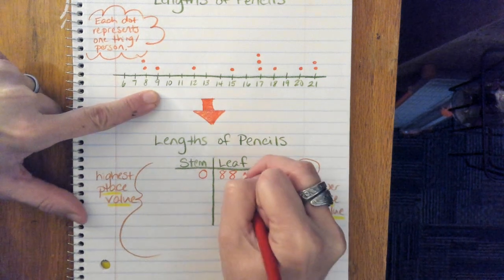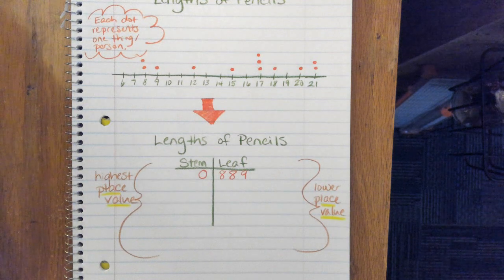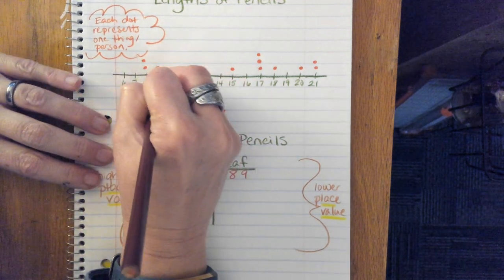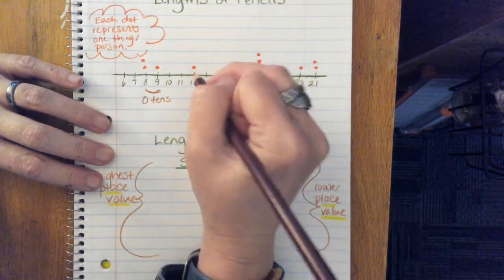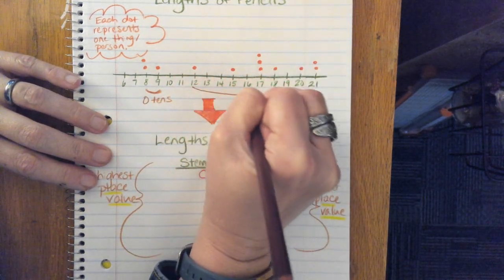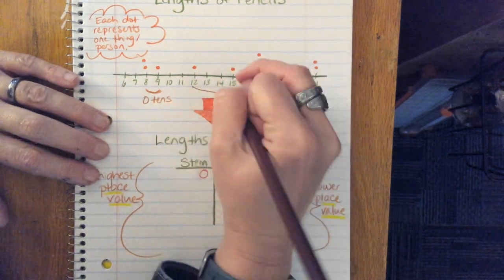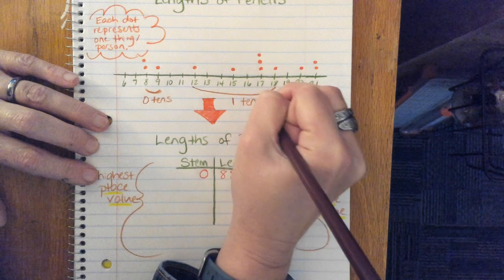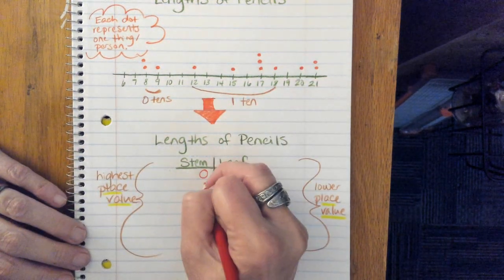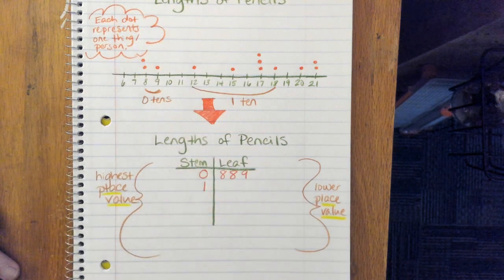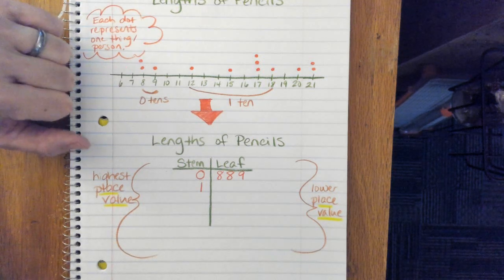And then I have 1 9, and the 8 and the 9 have the same stem. They both have 0 tens. Then I look here, and 12 through 18, really 12 through 19, but I don't have a 19, have 1 ten. So they're all going to go on the same stem. And the stem is 1, and the leaves are the lower place value.